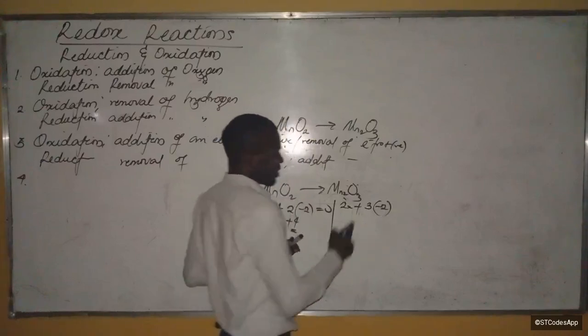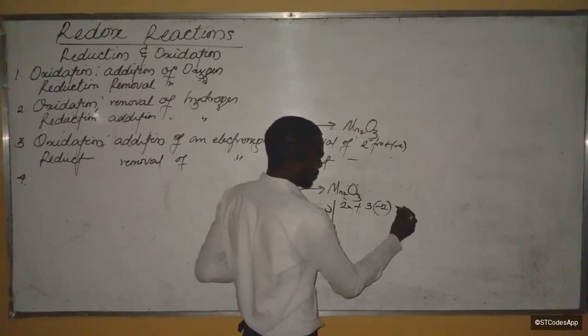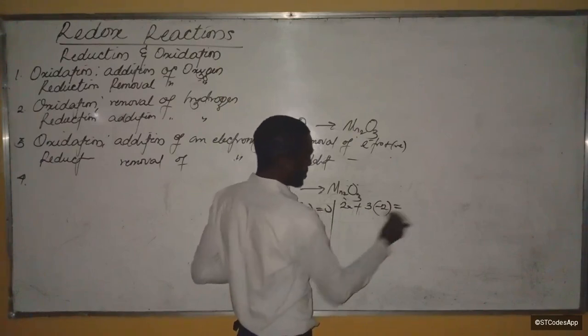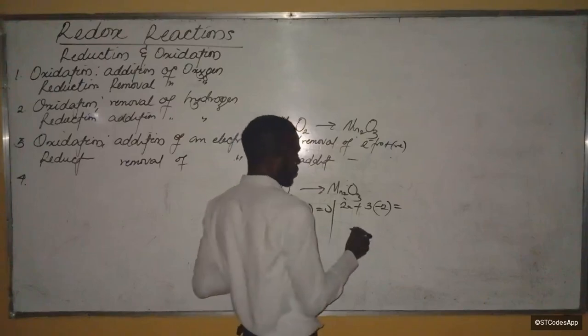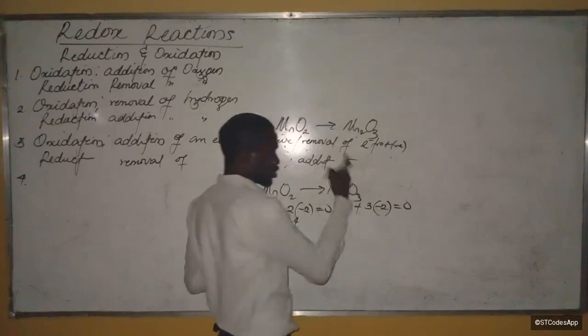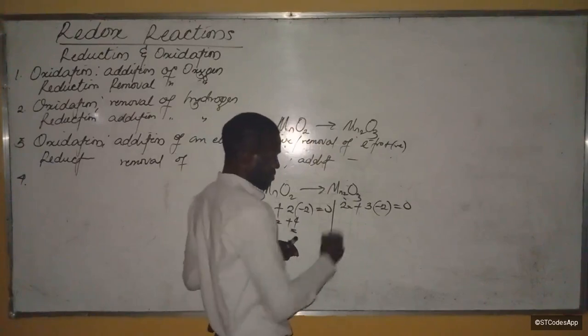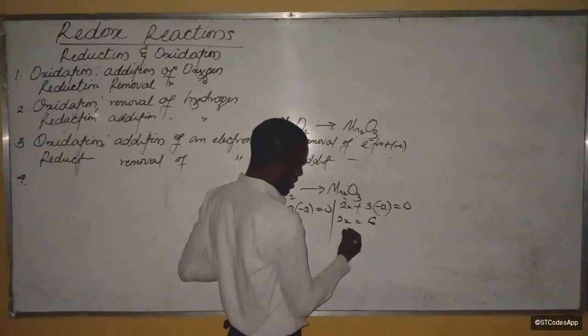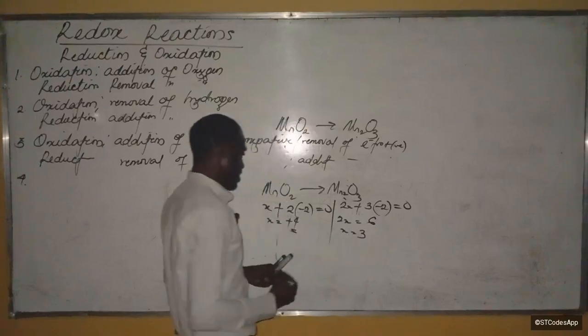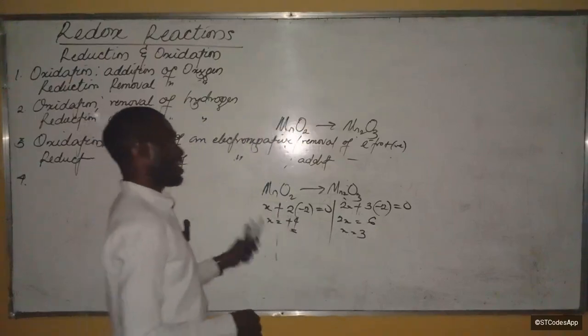Does this make sense now? 3 into bracket minus 2 gives us minus 6. So everything here is going to give you 0, because there's no charge here as well. So 2x equals plus 6, so x becomes 3 here. There's a reduction in the oxidation number of Mn.